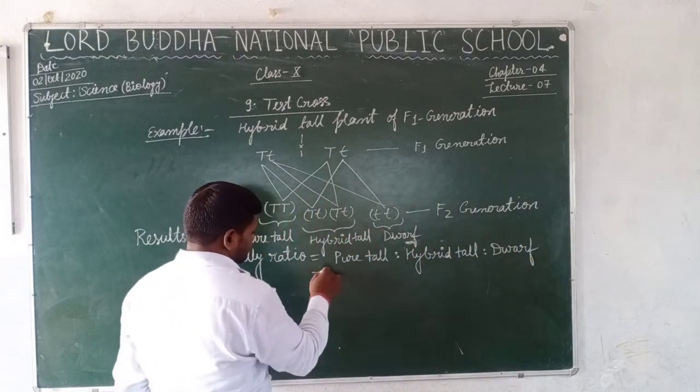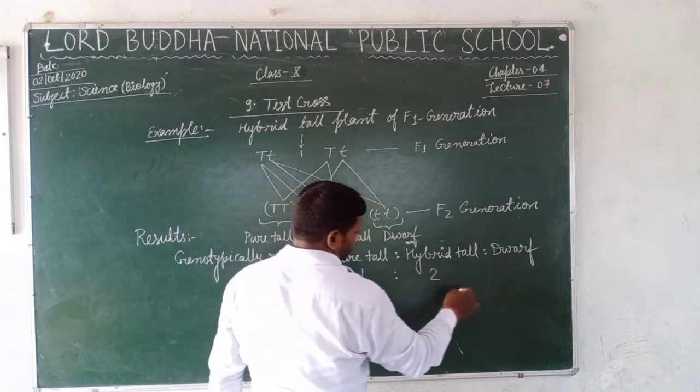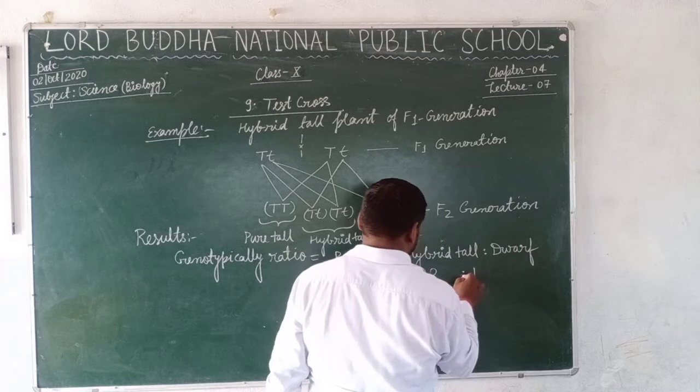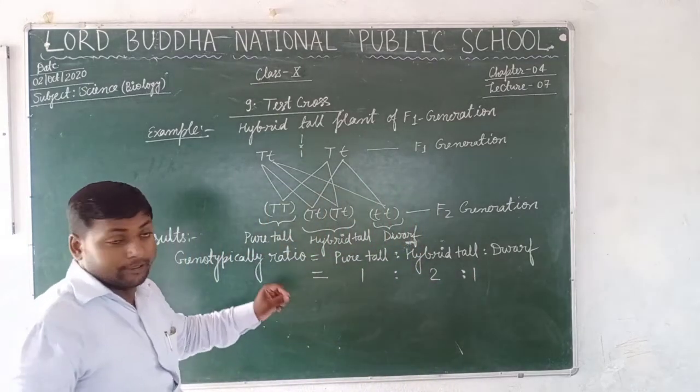So students, the ratio 1:2:1 is obtained. That is the genotypical ratio.